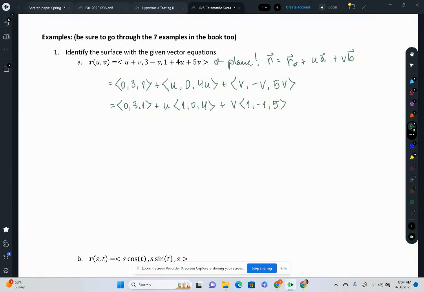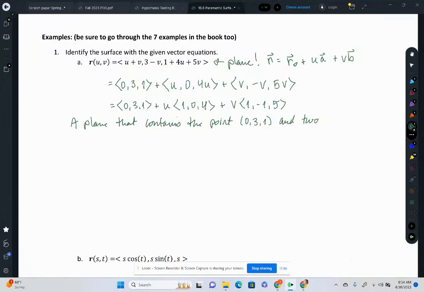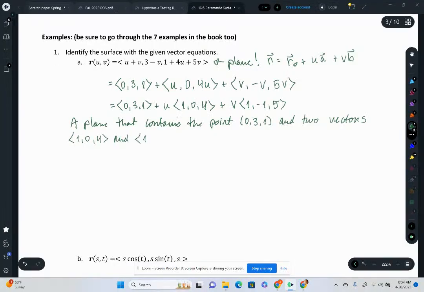Okay, so this is a plane that contains the point 0, 3, 1 and two vectors 1, 0, 4 and 1, negative 1, 5.